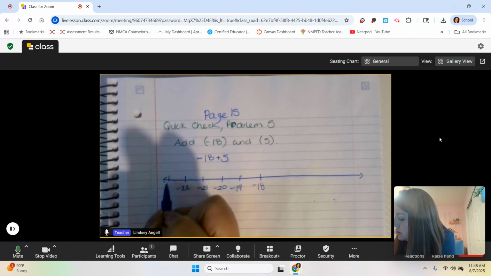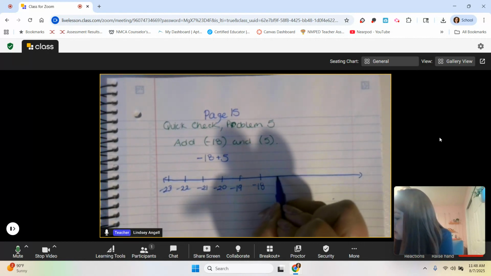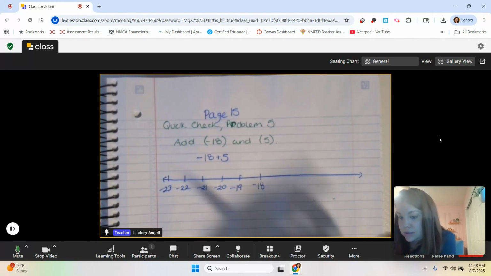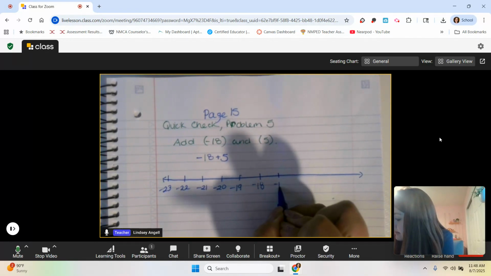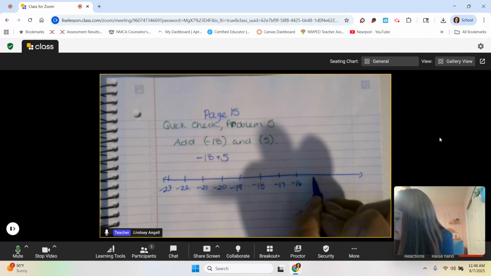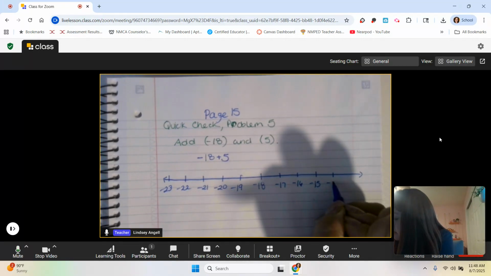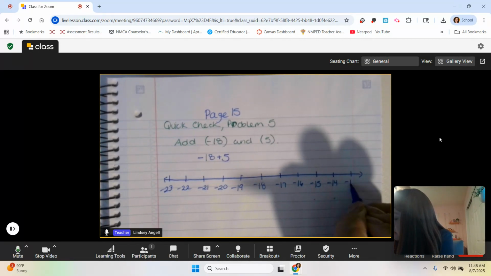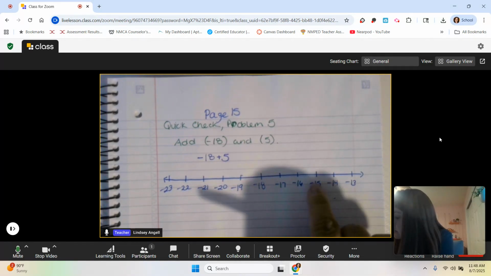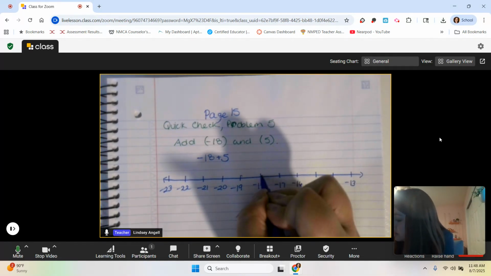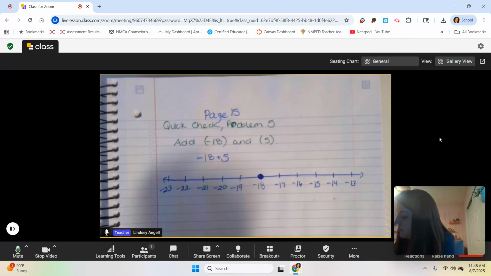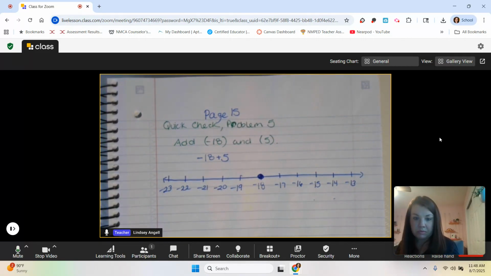Negative 22, negative 23. Going to the right, or getting closer to 0 in this case, we would have negative 17, negative 16, negative 15, negative 14, negative 13. Was that 5? 1, 2, 3, 4, 5, that way. So I'm starting here. There's my starting point.